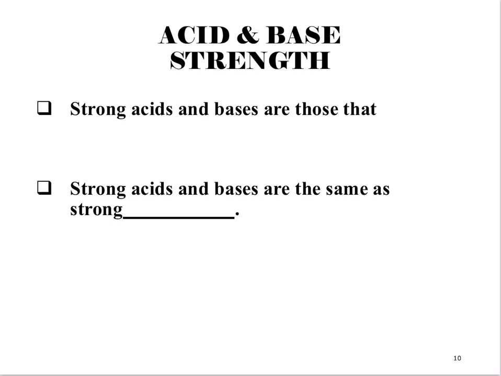All right, so that kind of leads into something that I've been alluding to, but I haven't necessarily said. It leads to strong acids or weak acids, acid or base strength. Strong acids, and again, acids are red in my head, are those that dissociate 100% in solution.